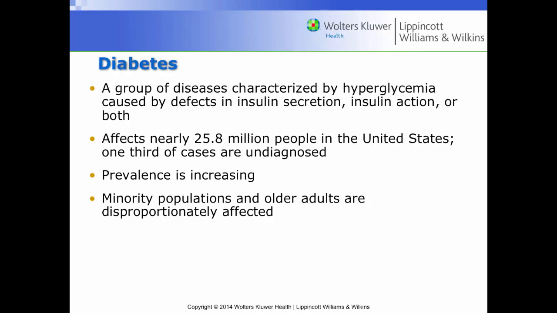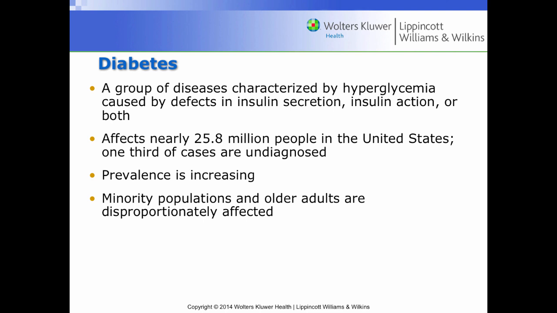So diabetes mellitus is a group of diseases characterized by hyperglycemia, that is the universal sign, and it's really caused by defects in either, as I mentioned, insulin secretion, insulin action or sensitivity, or both. It affects nearly 25.8 million people in the United States, and one third of the cases remain undiagnosed.